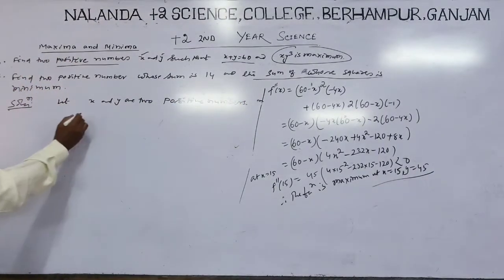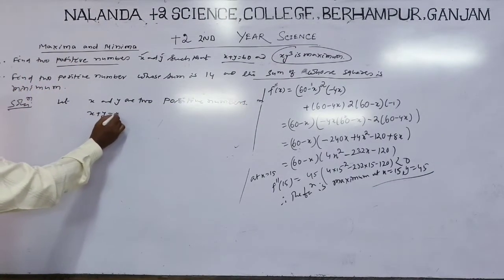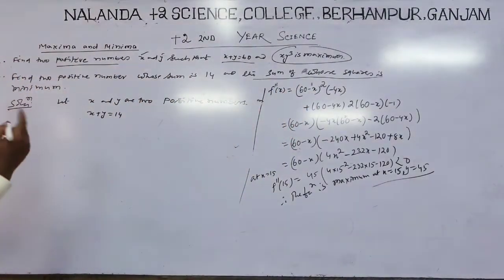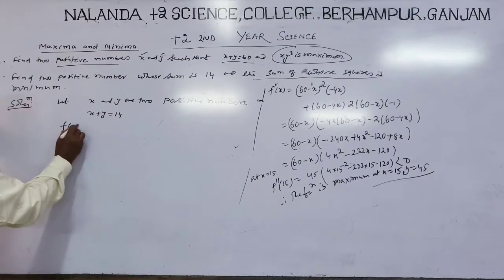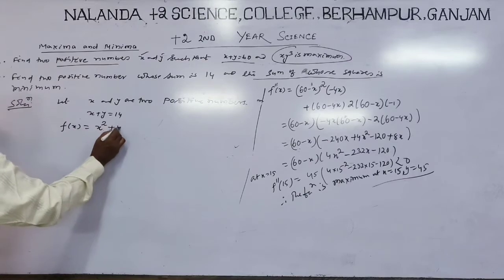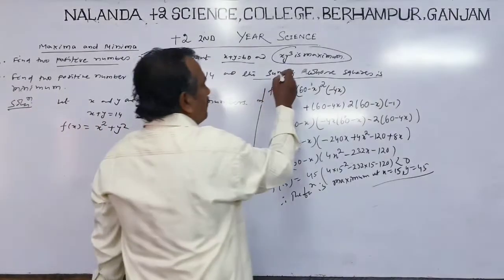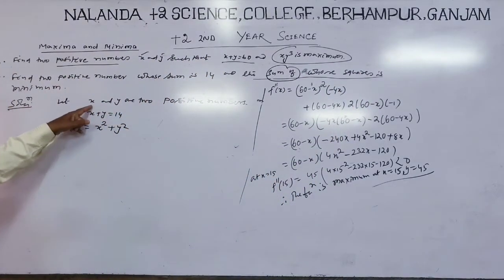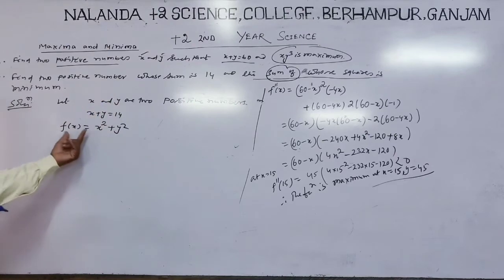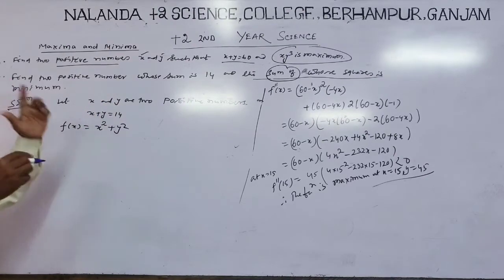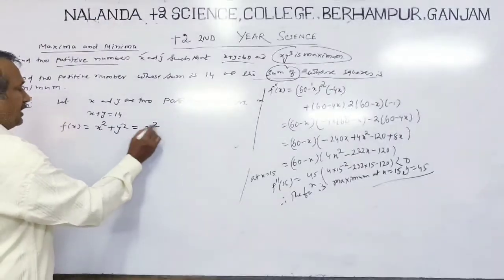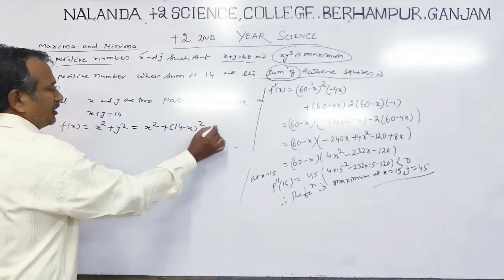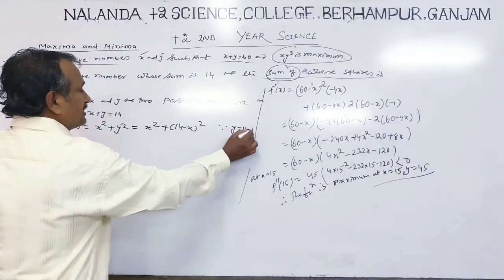Now x plus y equal to 14. Now the function whose square is minimum: f of x equal to x square plus y square. The sum of whose squares. Let us say x and y. Whose squares means x square, y square. Whose sum means f of x equal to x square plus y square. Or you can write y equal to 14 minus x, so (14 minus x) whole square, because y equal to 14 minus x.